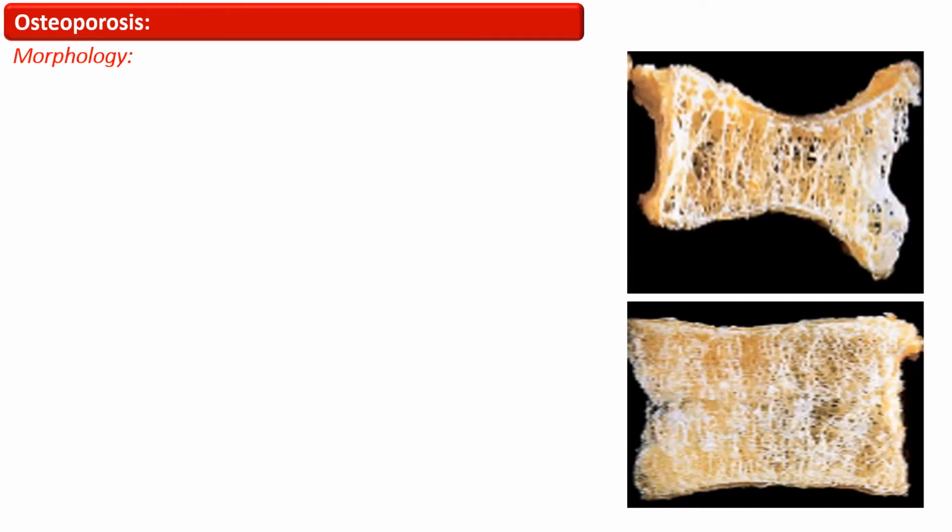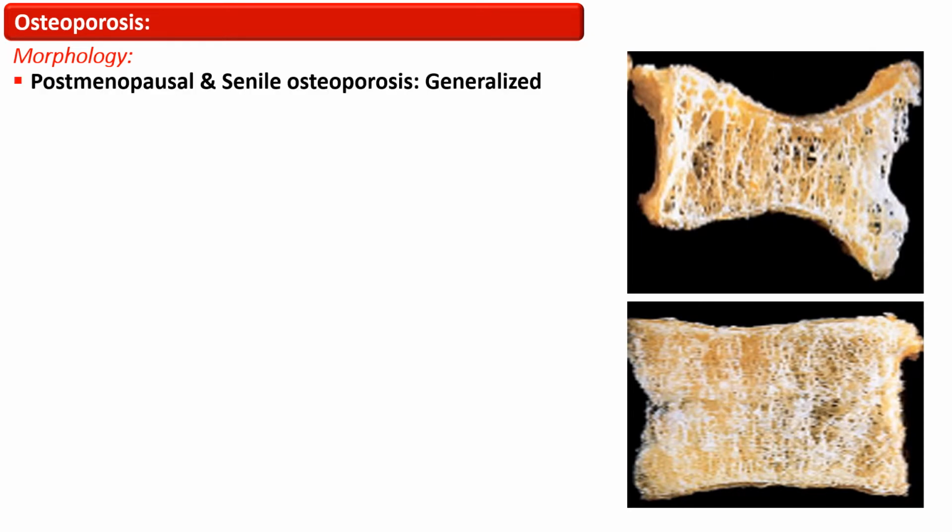So osteoporosis is decreased bone amount, but this bone is normal in composition. In both conditions, postmenopausal and senile osteoporosis, the process is generalized.